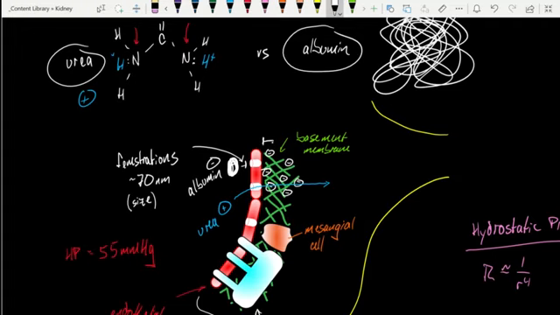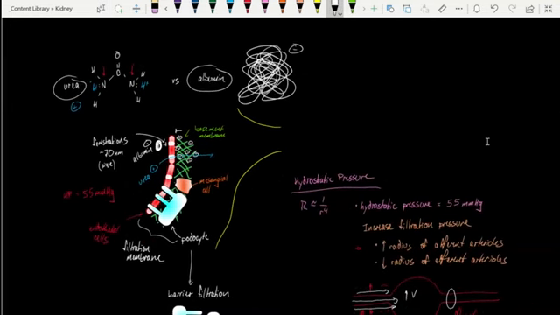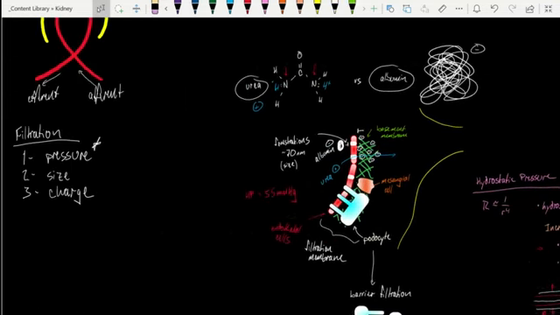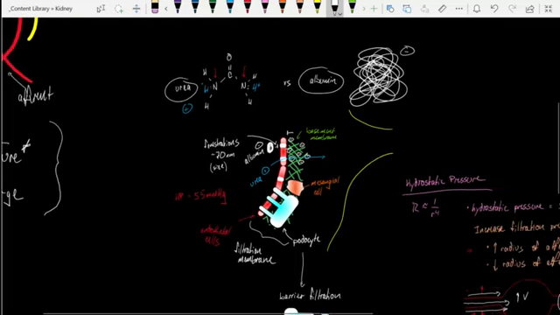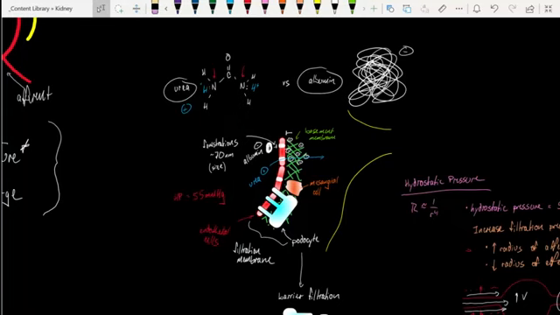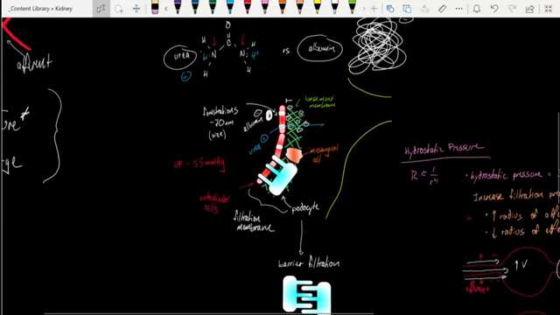So, in summary, filtration is dictated by these three key processes: pressure, size, and charge. Size limits are placed based on the fenestrations in the capillaries and also the barrier filtration driven by the podocytes. We can see that down here. Charge is primarily associated with the negative charges on the basement membrane that repel negative proteins from getting through.